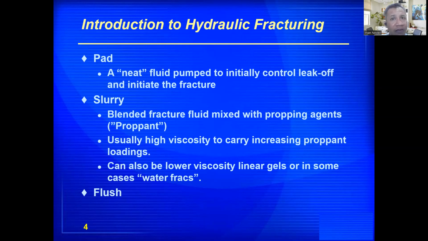And in a lot of cases, like you are probably hearing about on shale, we use a water frac. Basically, it has a few other chemicals, but the majority of it is a friction reducer in water. And we follow that with a flush, because you have to get the fluid in the wellbore and push it into the formation.